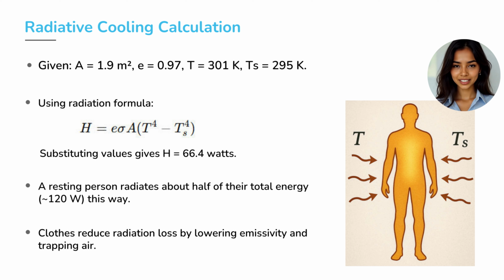That means your body continuously radiates around 66 watts of power, like keeping a small light bulb switched on all day. A resting person produces roughly 120 watts in total, half of it leaves through radiation.